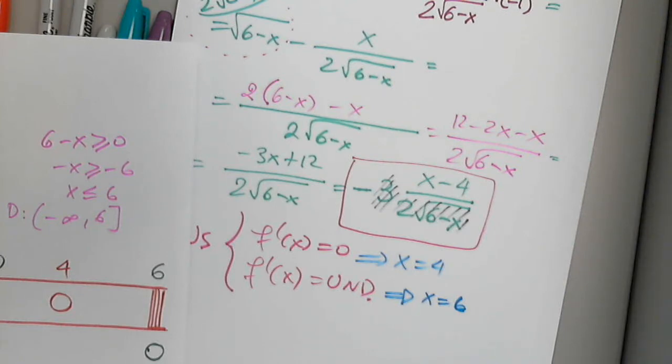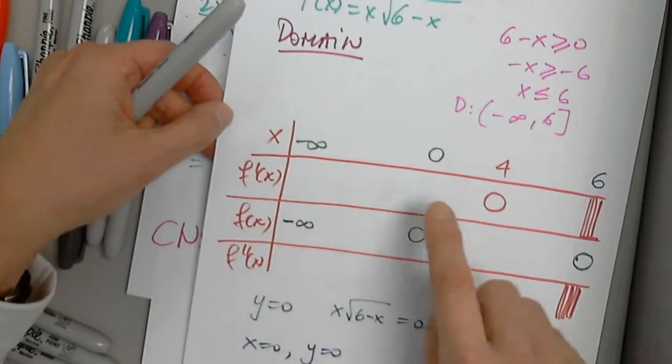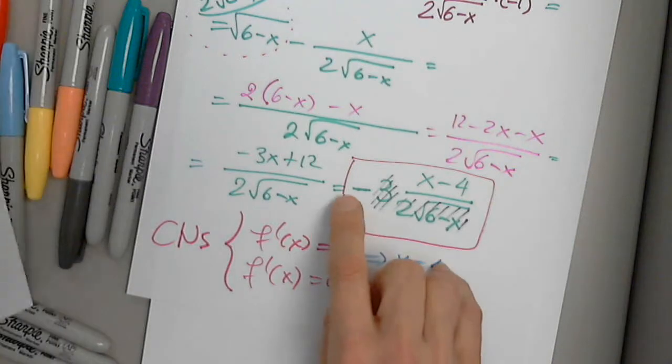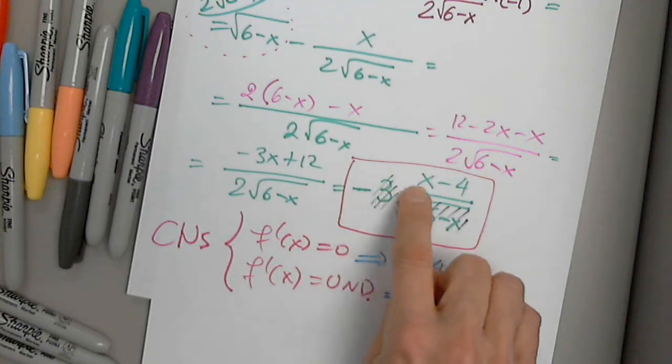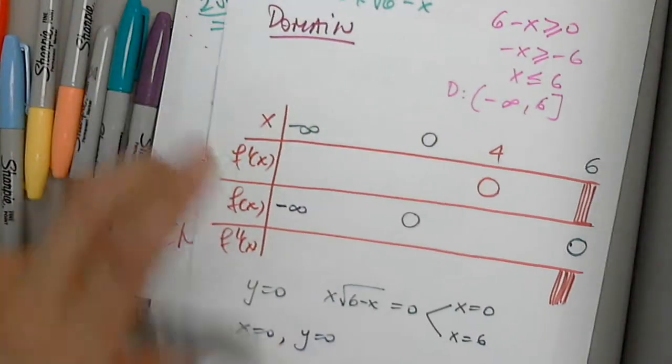Because they are positive. Whatever quantity is positive is not going to change anything. So all I'm interested in to find the sign for is negative x plus 4. So let's go to the left-hand side of 4, plug in 0, and give me the sign of this expression. Yes, it is positive. Excellent.